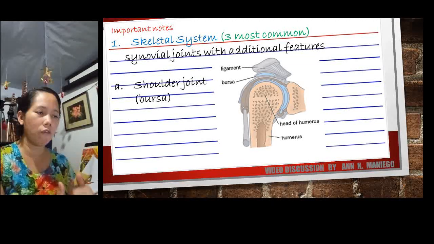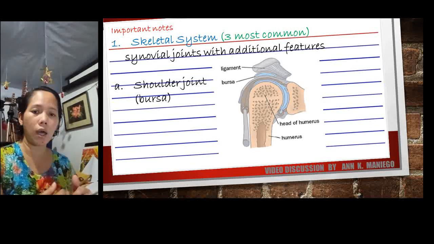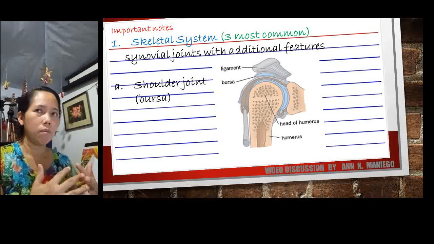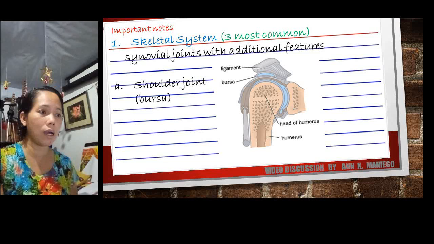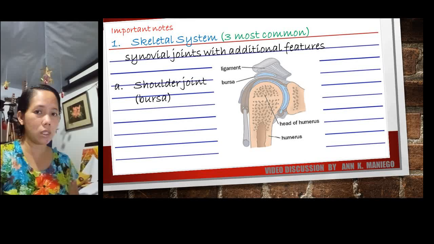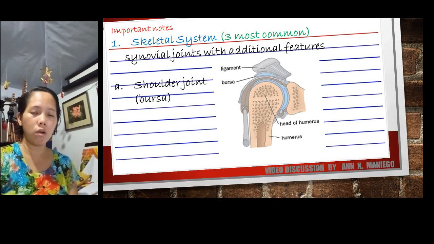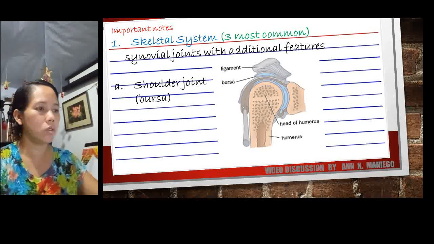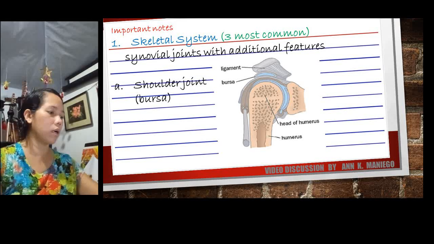So, naa siya additional nga feature kay prone siya sa idea nga they might rub together because muna siya pinakagamit kaayo nato nga part kay what else will move, no? Unsa man day common kay nga ginagamit nato atong kamot ug ato ang tiil, atong legs, no, kay it allows us to move things, to do things, no, go places. Okay, so naa siya additional feature nga gitawag nga si borsa.